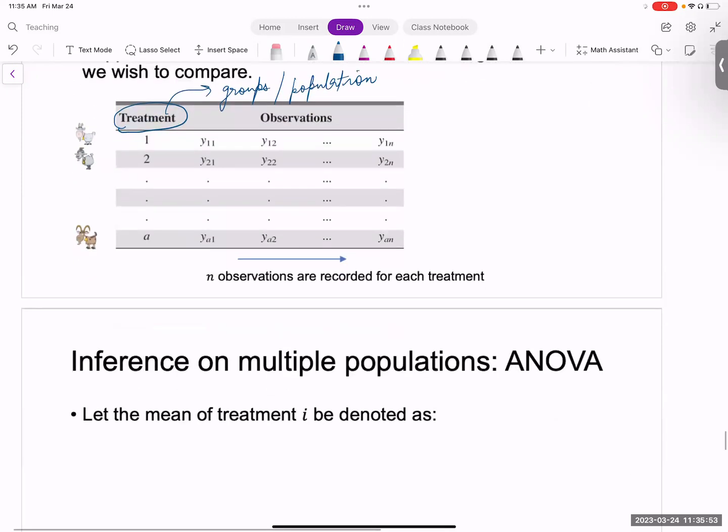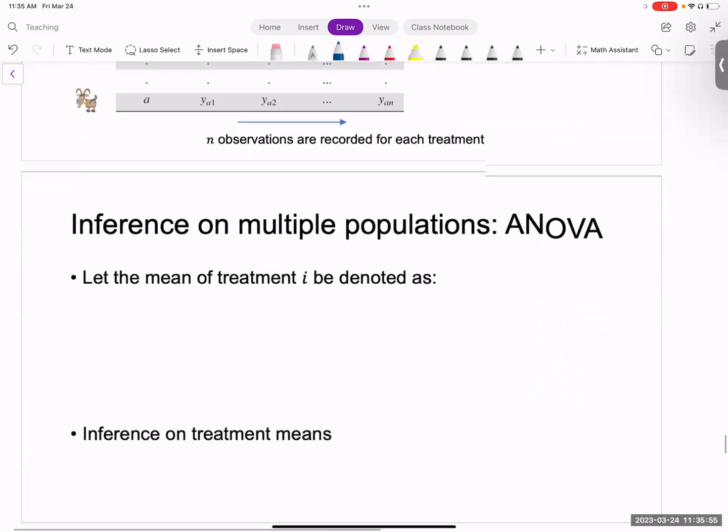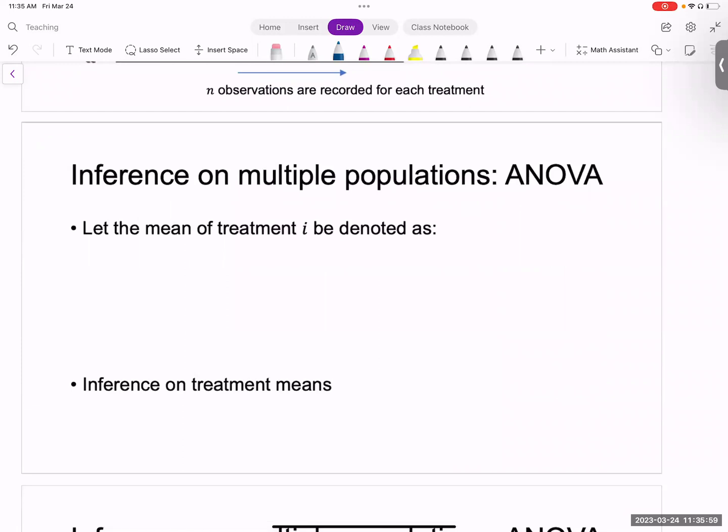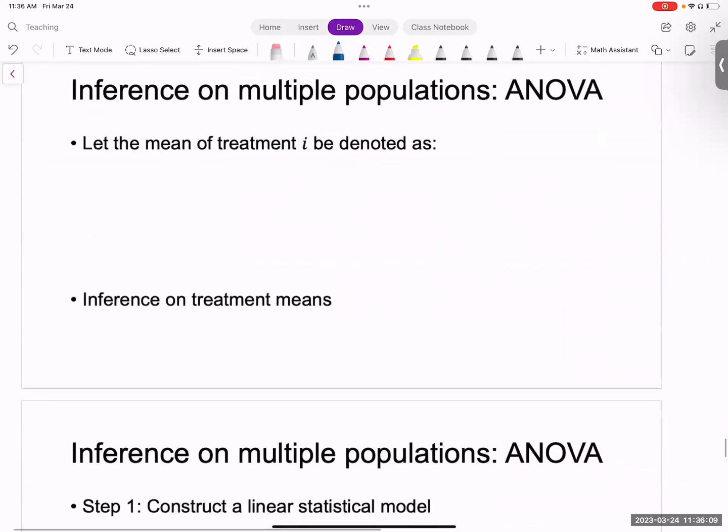Now, when we're doing Anova, the general hypothesis that we are interested in is to see if all of these treatments have the same mean. So in other words, H0 is basically saying mu1 equals mu2 equals mu3 equals dot dot dot equals mu a.